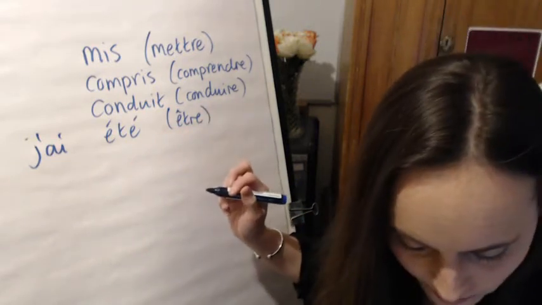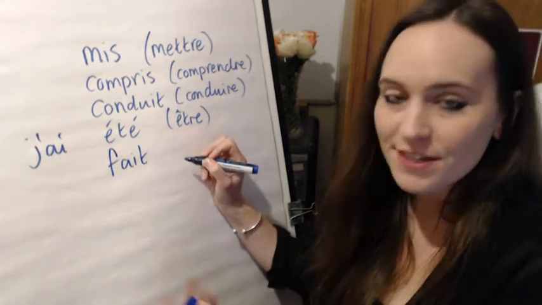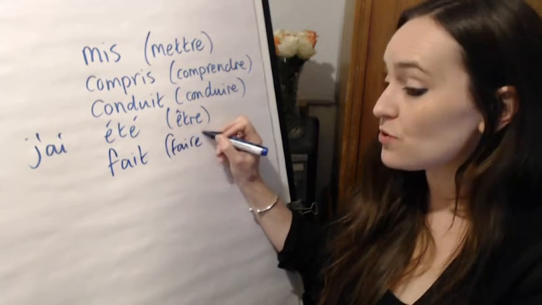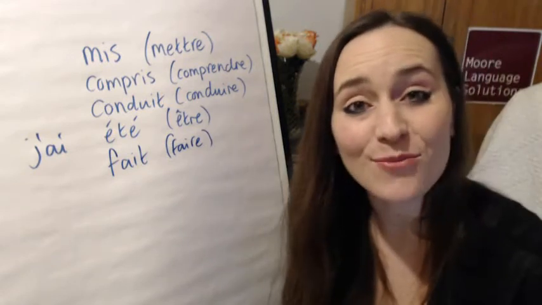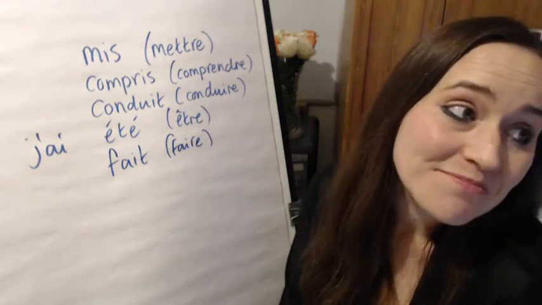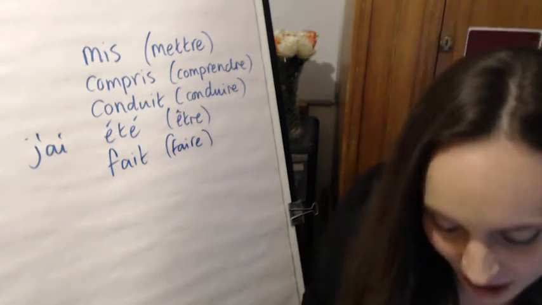Okay, what else have we got? Super common, this one: fait, from the verb faire, which means to do or to make. So j'ai fait mes devoirs. I did my homework. J'ai fait un gâteau de Noël, si tu veux.